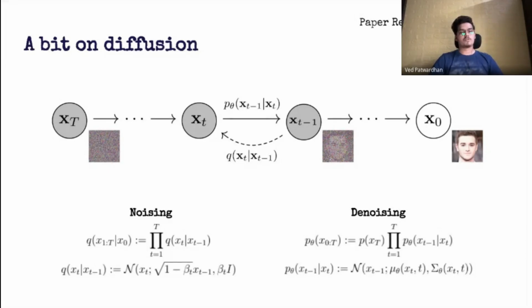Then you add noise for a sufficient number of time steps, and then you perform the denoising process, which is done with the help of a probabilistic model. So the theta you're seeing in the denoising equations is the parameters of the model which you're using for denoising.